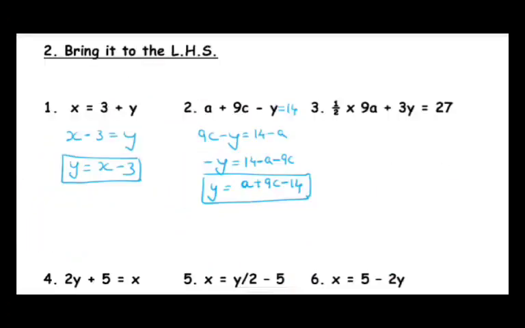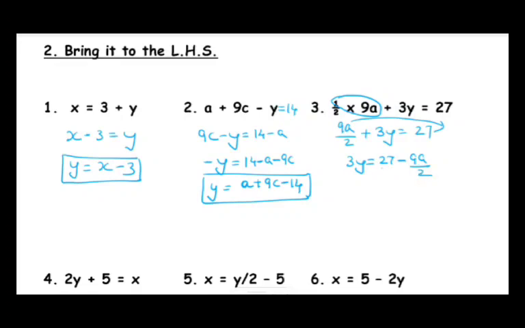It says half of 1 and 9a, which becomes 9a upon 2 plus 3y is equal to 27. I shift this entire fraction to the RHS, which is 3y is equal to 27 minus 9a upon 2.